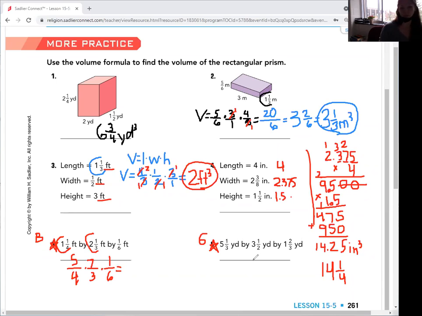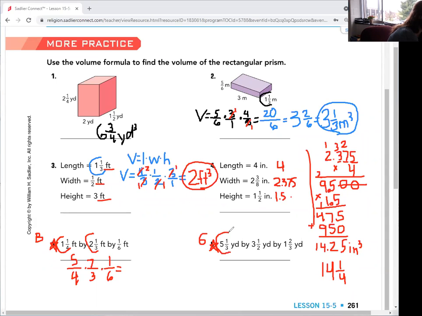I don't see any opportunities for reducing, do you? For that one, there's no common factors between the numerator and the denominator. So you're stuck just multiplying straight across and seeing if that's as low as it can go. If you can't reduce it on the front side, you can't reduce it on the back side either. So that's going to be kind of a large number.